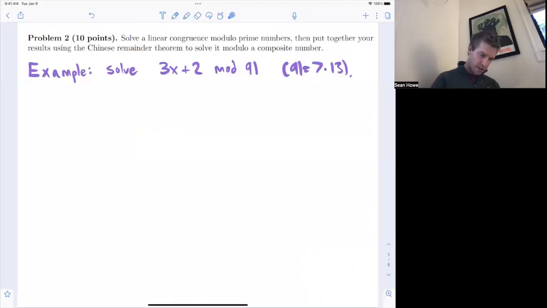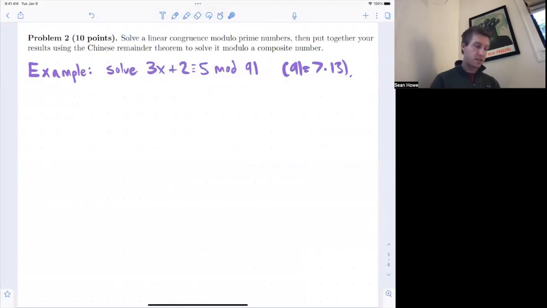So for example, I want to solve 3x + 2 is congruent to, let's say, 5 mod 91. So I want to solve this linear congruence modulo the composite number 91.